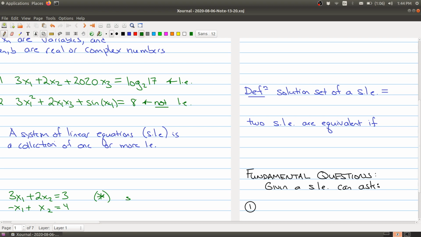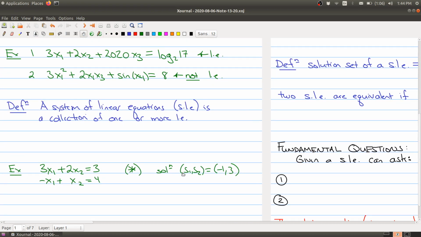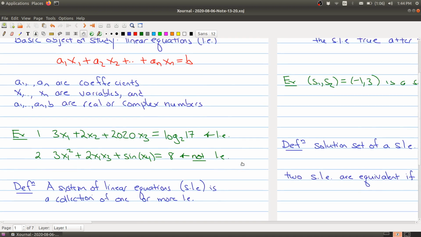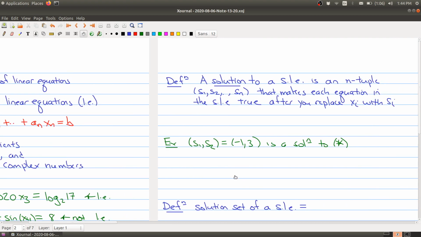The solution was s1, s2 equals negative 1, 3. And you can check that this is true because when I replace x1 by negative 1 and x2 by 3, I get 3 times minus 1 plus 2 times 3 gives me 3, so that's true. And minus 1 minus 1 gives me 1 plus 3 is 4. So when I plug in negative 1, 3 into both equations, all of the equations in the system of linear equations are true. So this was a solution.